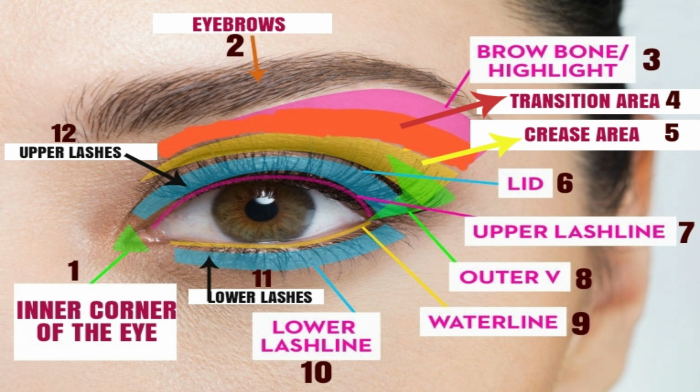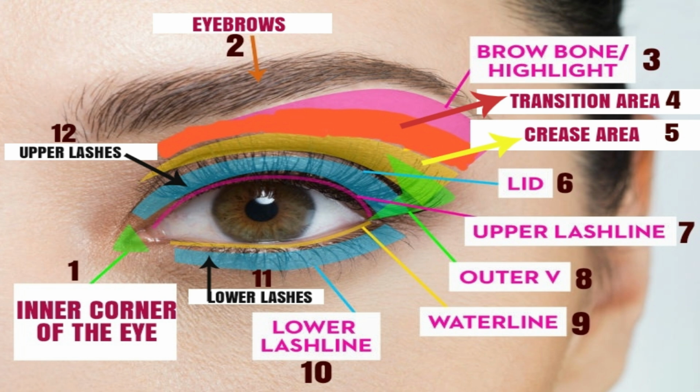Number 3, that pink part on the picture showing on the screen, you are seeing where it's written brow bone highlight. Now, what is brow bone highlight? That is the part immediately underneath the eyebrows, the part where you can put your highlighting shades, where you clean up with concealer. You can do any myriad number of things there depending on your choice.